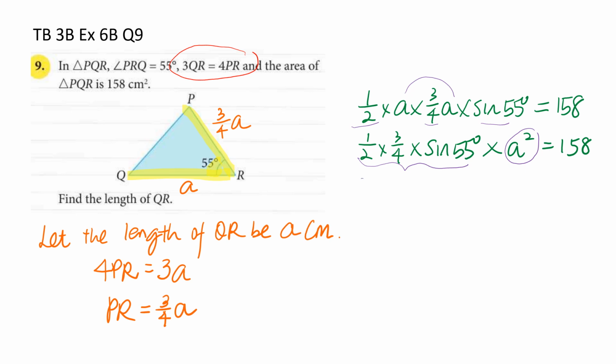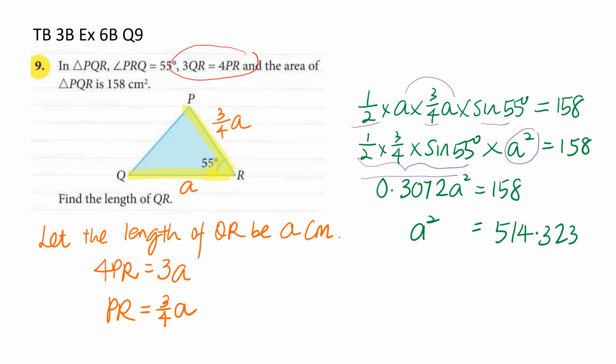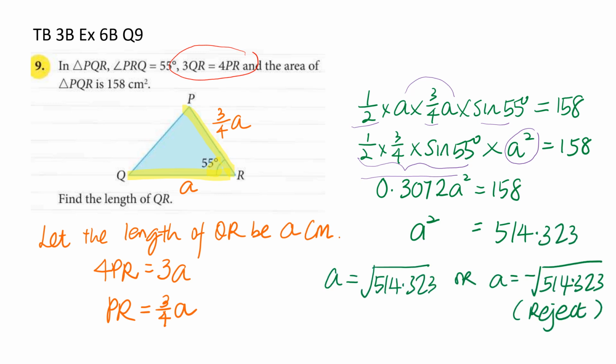If you use a calculator to evaluate this, you will get 0.3072 A squared equals 158, and then you divide by 0.3072 on both sides, you get A squared equals 513.323, and then you need to square root it. So there will be two answers, because this is an even power.